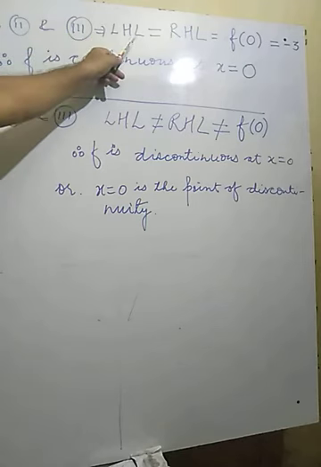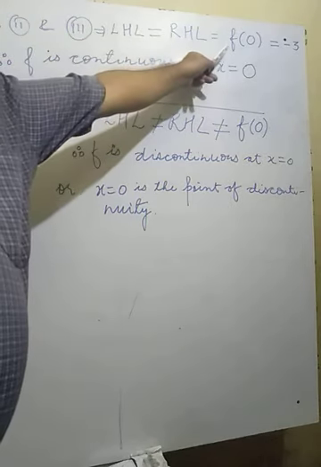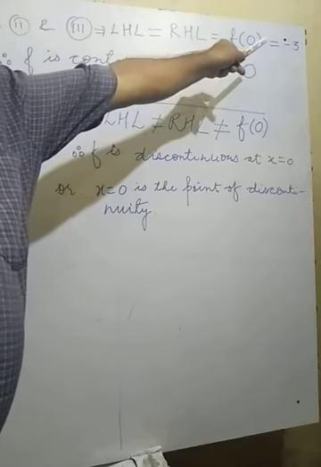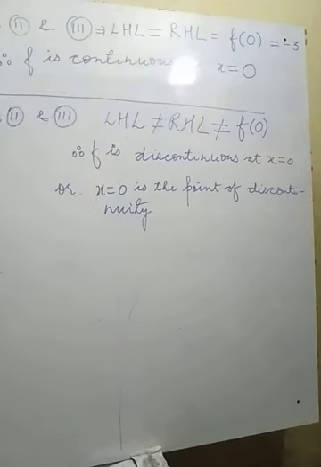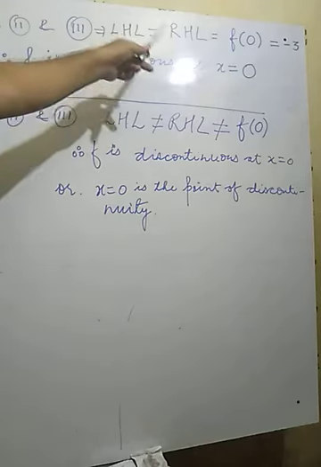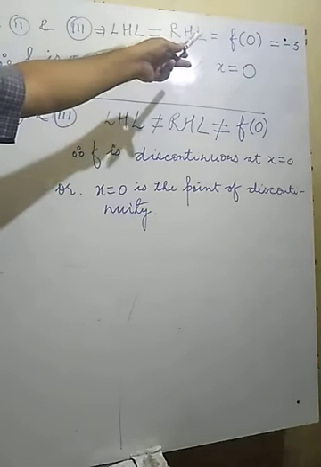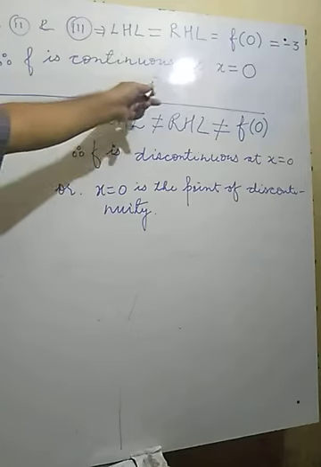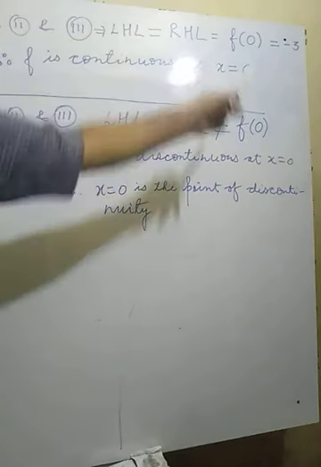Left hand limit equal to right hand limit equal to the value of function equal to minus 3. Therefore, f indicates function, in shortcut we note down f. f means function is continuous. Why? Because left hand limit is equal to right hand limit equal to the value of function at that particular point. So the function is continuous at x equal to 0.